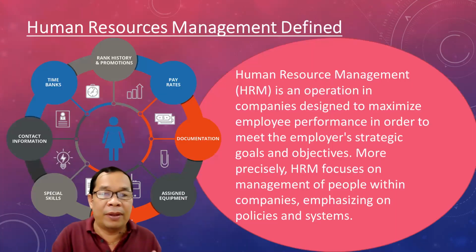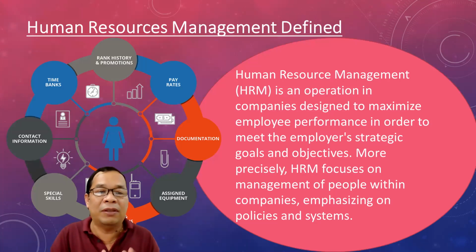To start with, let's define what human resource management is. Human resource management is an operation in companies designed to maximize employee performance in order to meet the employer's strategic goals and objectives.